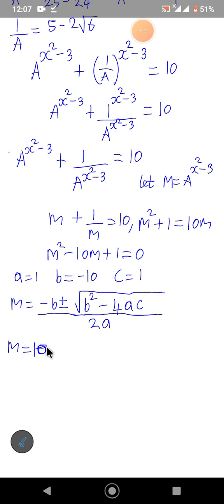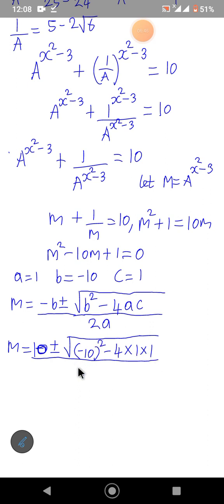So here will be 10. Since minus times minus is plus, so 10 plus or minus the square root of minus 10 squared minus 4 times a, which is 1, times c, which is 1 also, all over 2 multiplied by a, which is 1.